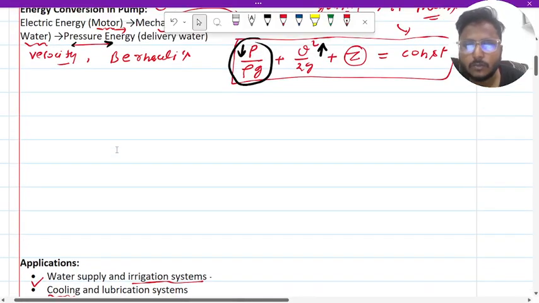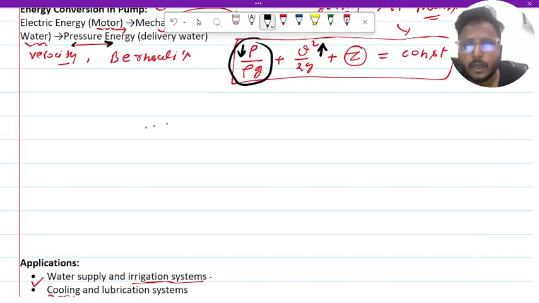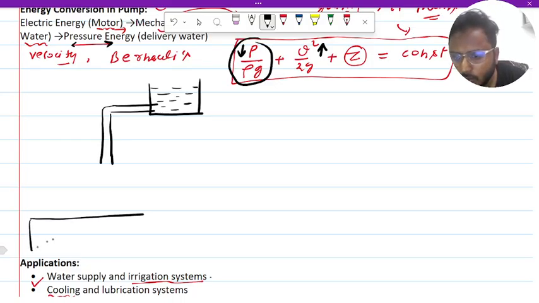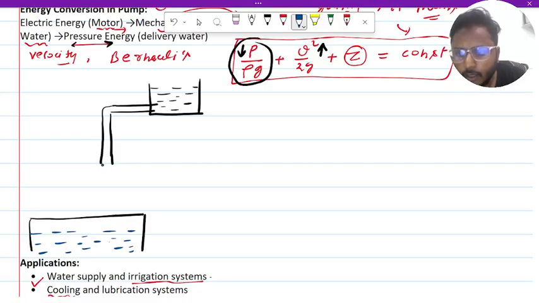So I can draw a diagram for the domestic hydraulic pump. We have an overhead tank. Overhead tank means it is above your head, and there is a pipe which is known as the delivery pipe, and there is groundwater, water at a certain depth beneath the earth's surface, just below, and in between them there is a pump.